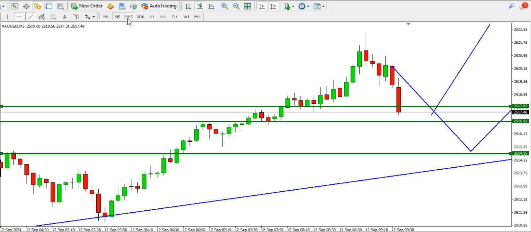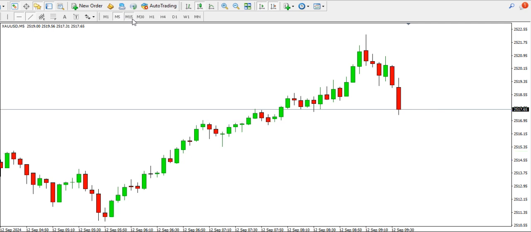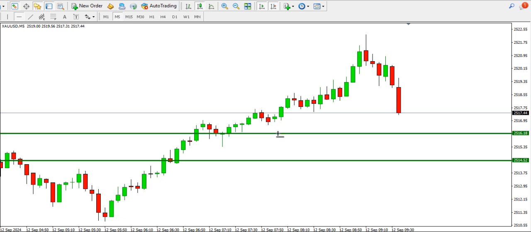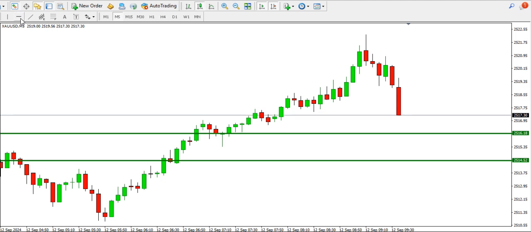So let's look at the 5 minutes time frame. Looking at the 5 minutes time frame, what do we have? We can see the buyers have been pushing price upwards. Now the sellers are stepping in, but there are layers of stops, layers of the order blocks. We have this order block layer that might serve as demand level. We also have another order block area that might serve as demand level on the 5 minutes time frame.